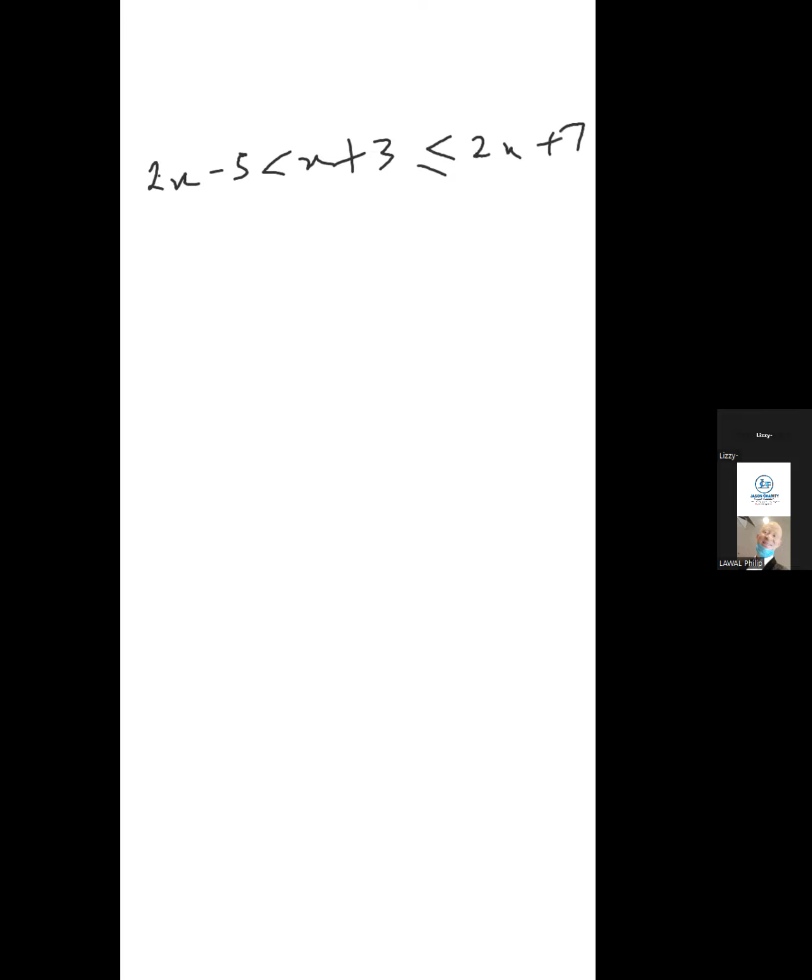If you have something like this, it is what I call a simultaneous linear inequality.